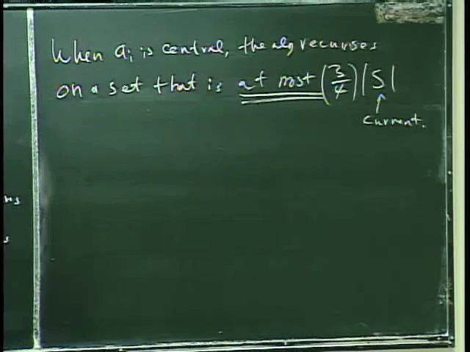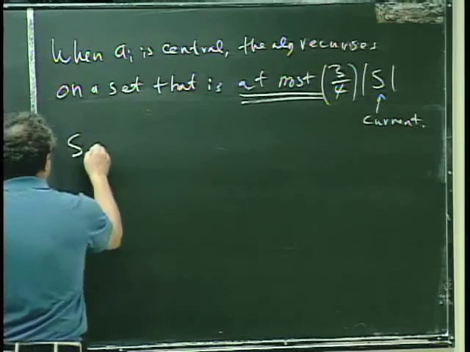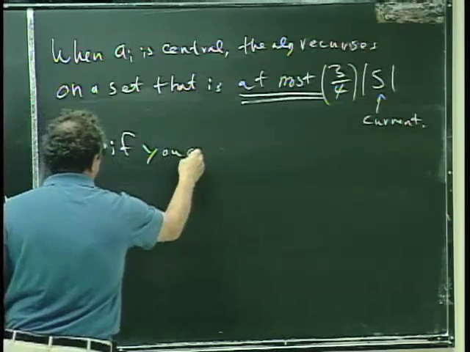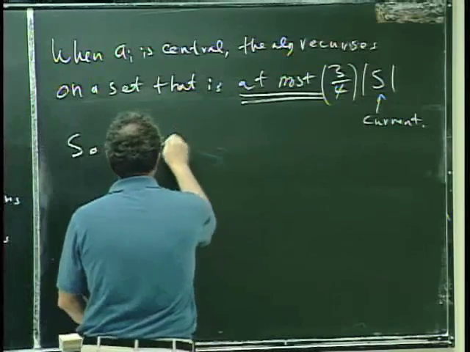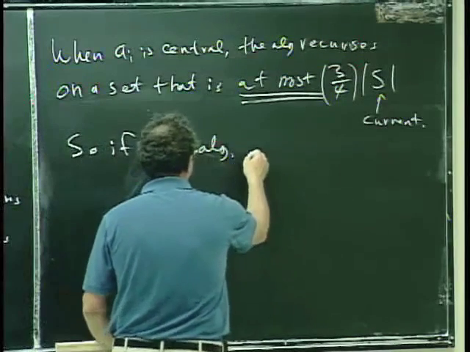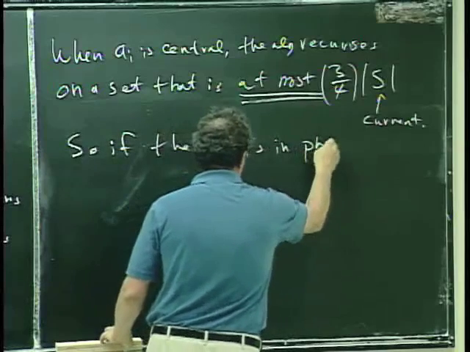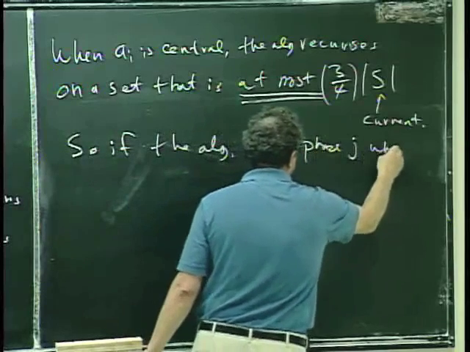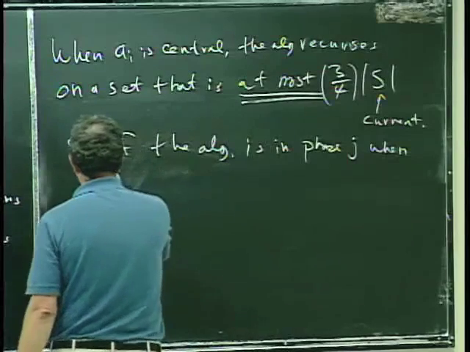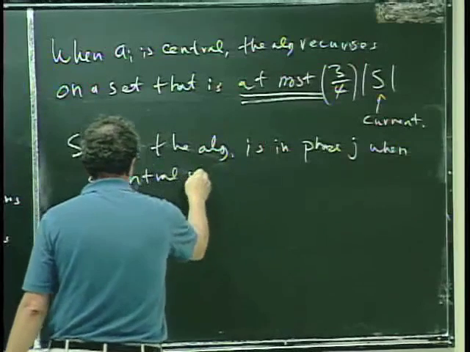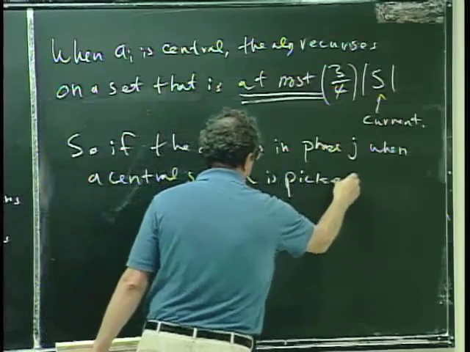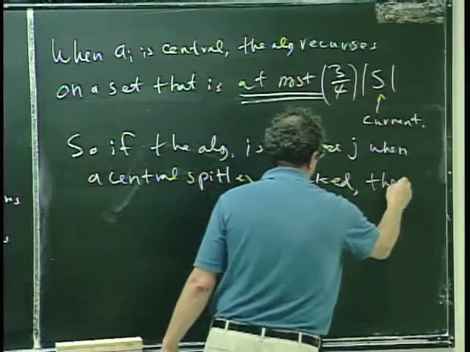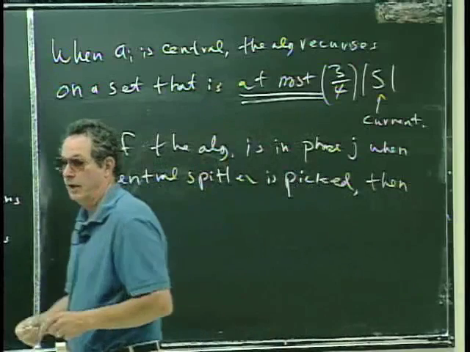So the conclusion that I want to draw here is that, if the algorithm is in phase J when a central splitter is picked, then what?